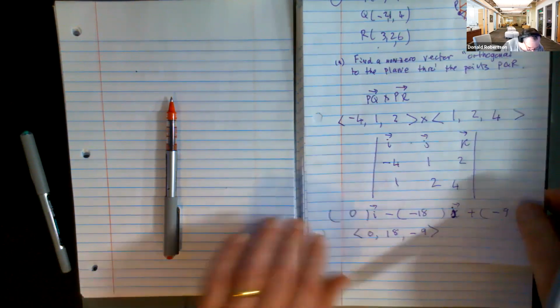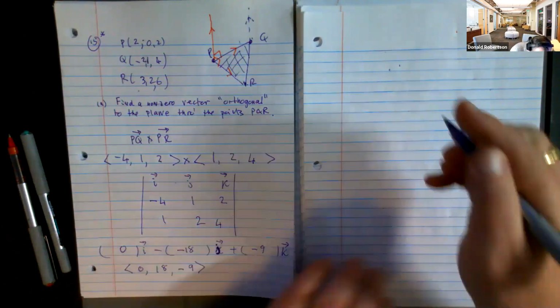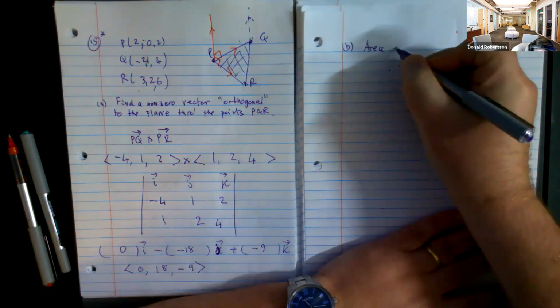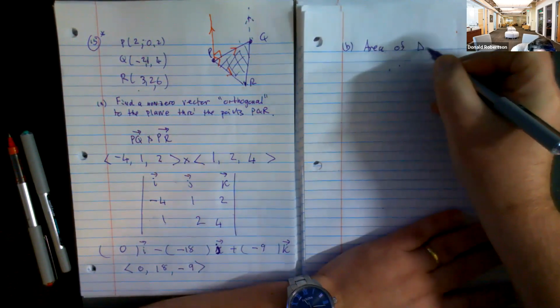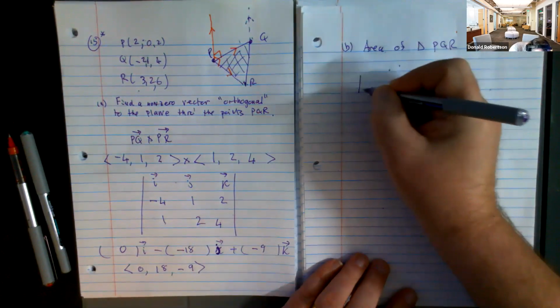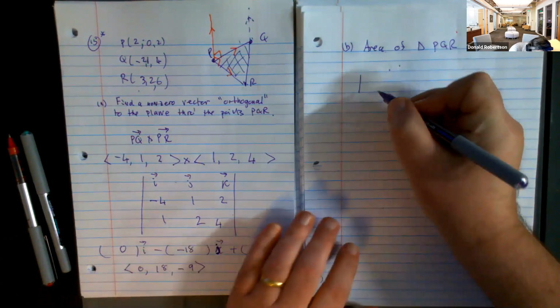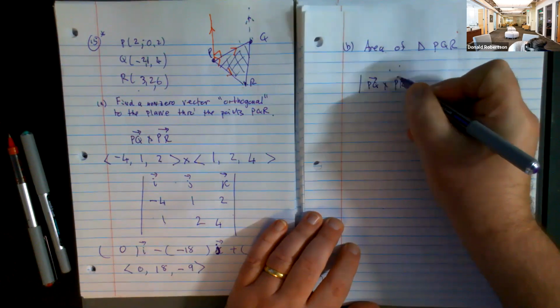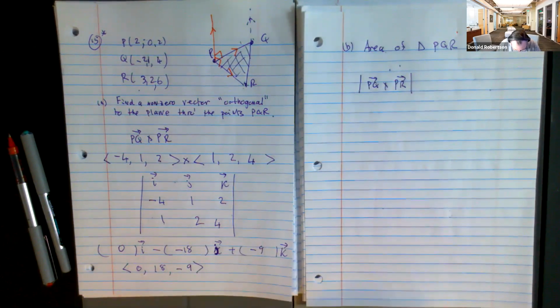Now, there's a part B to this question, which we did touch on yesterday. This time it's asking us for the area of the triangle PQR. And I mentioned that if you take the cross product, which in this case is that guy, and you find its magnitude, what's the magnitude of the cross product going to give me?